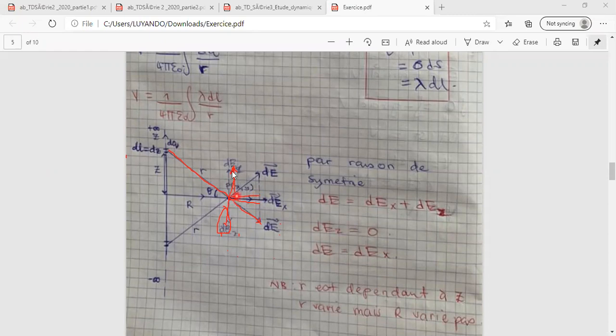So this one and this one are going in opposite directions. So the addition of these is going to be equal to 0. And these fields are both going in the X direction and they're parallel to each other, so we're going to have to add them.